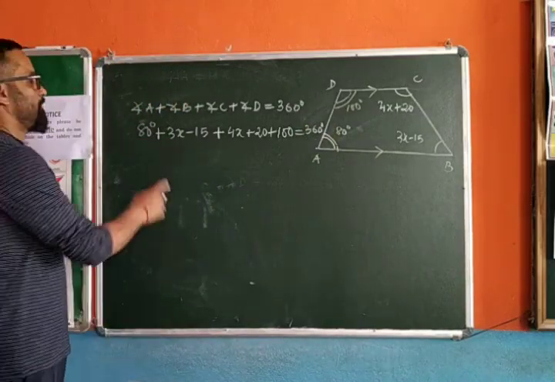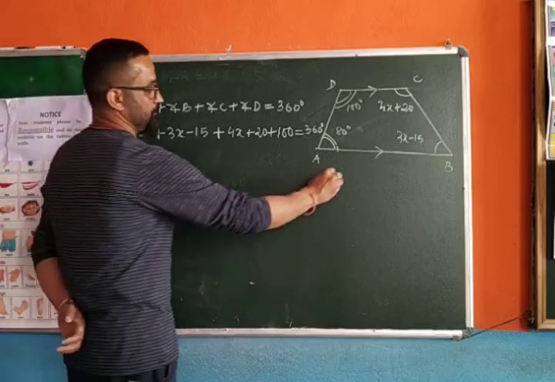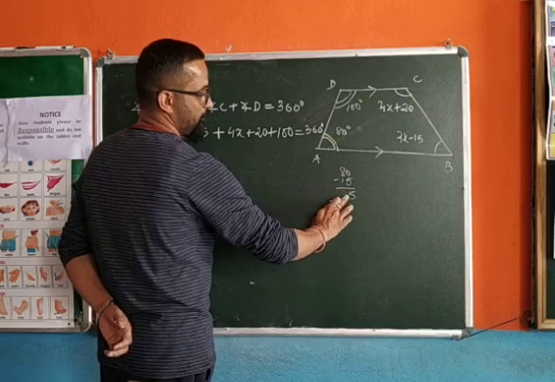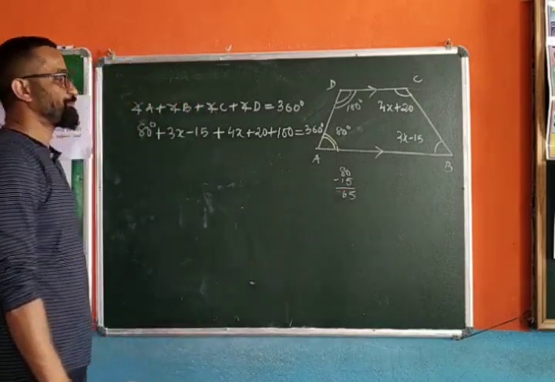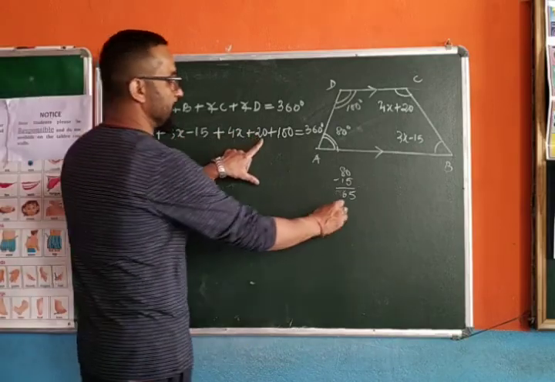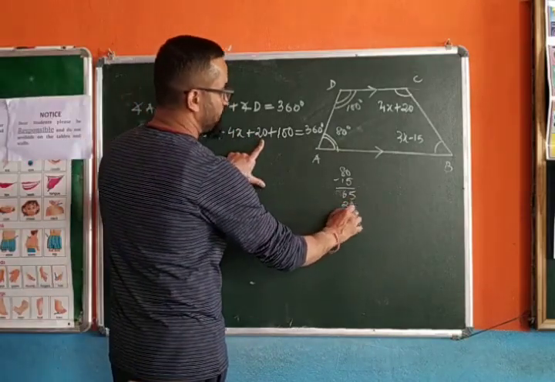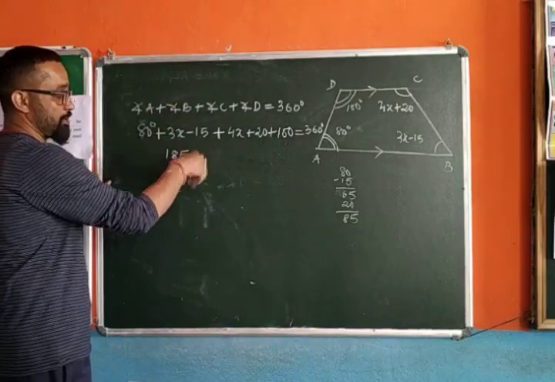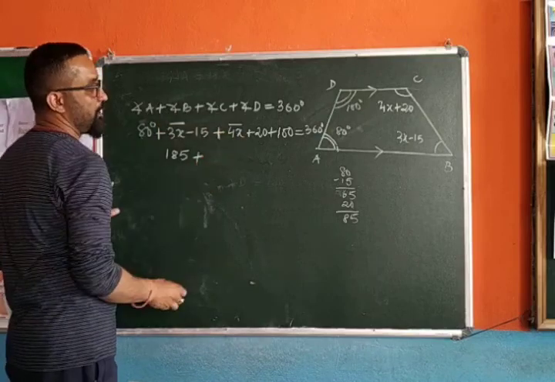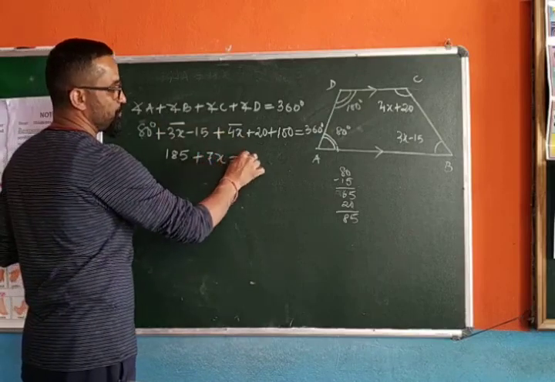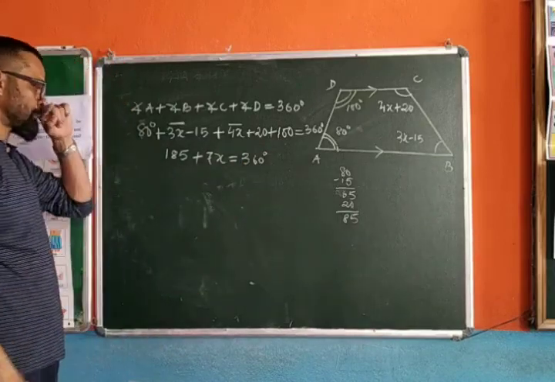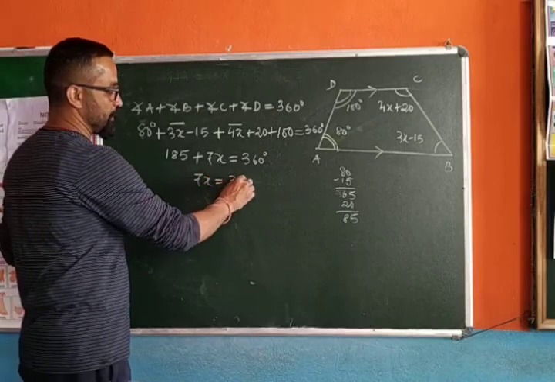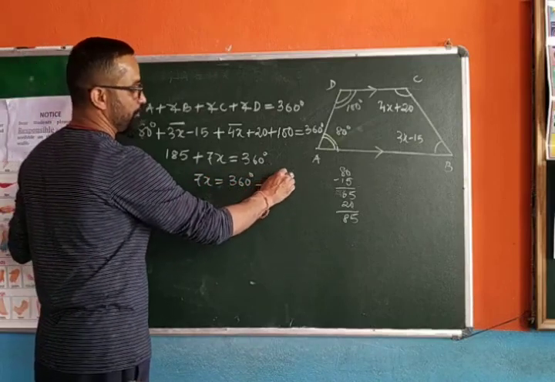Simplify this. 80 minus 15 is 65. 65 plus 20 is 85. 85 plus 100 is 185, plus the variables we added up: 7x equals 360 degree. Take it to the other side. 7x equals 360 minus 185.